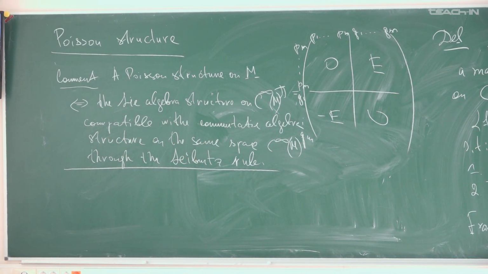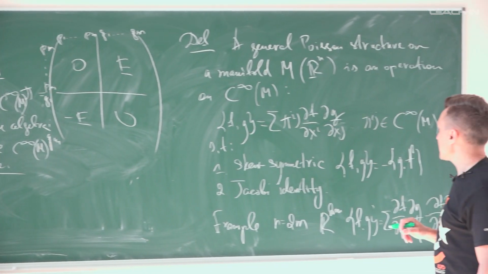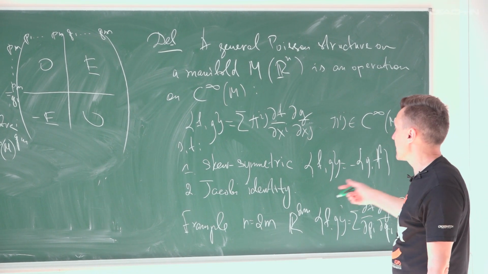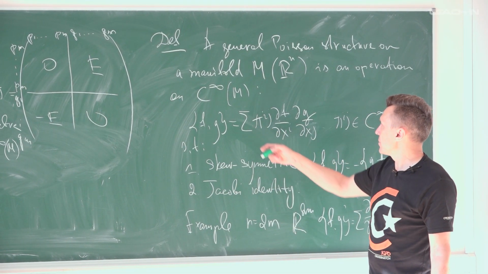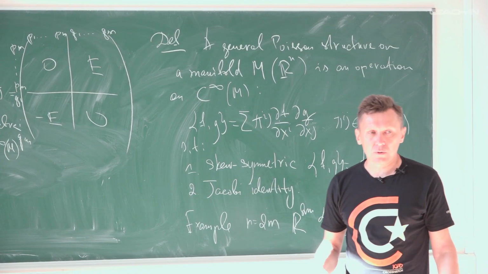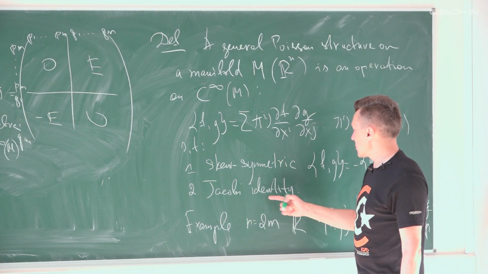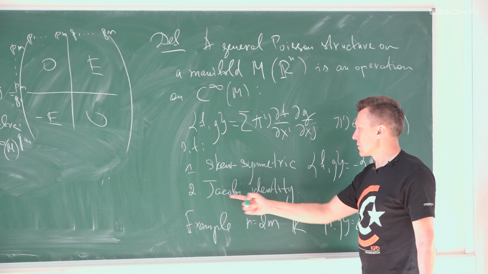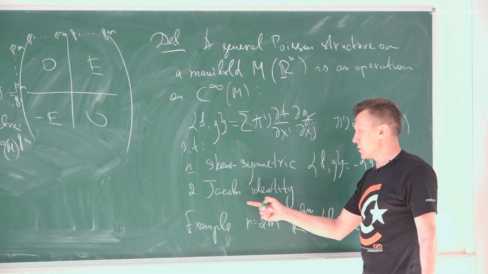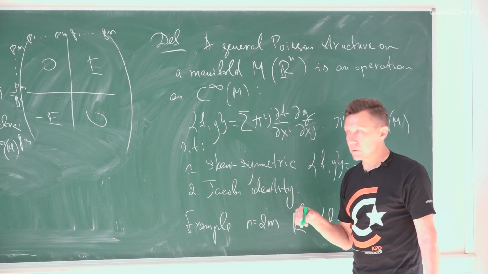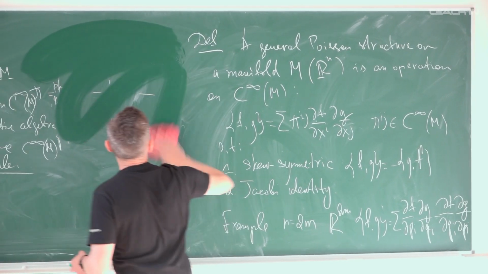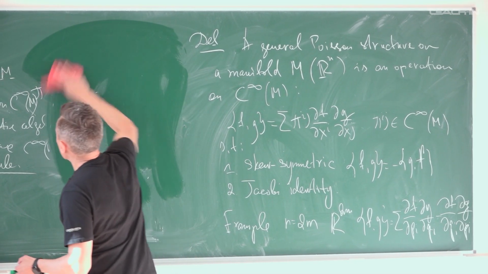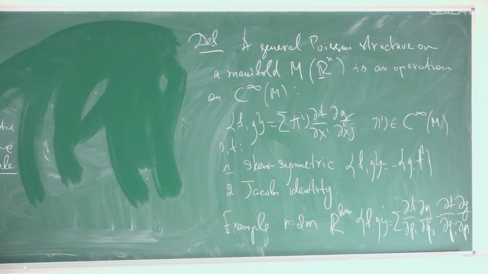Let us return to the definition. So I have just defined that we need such properties. But if pi are some functions on M, it is not quite evident how to guarantee the Jacobi identity. So now we will prove a theorem.